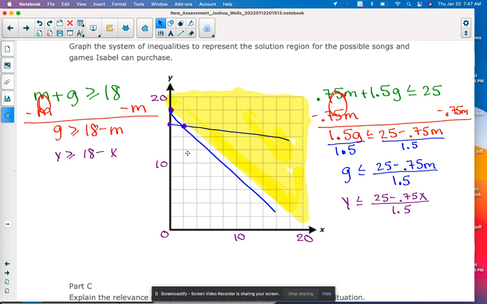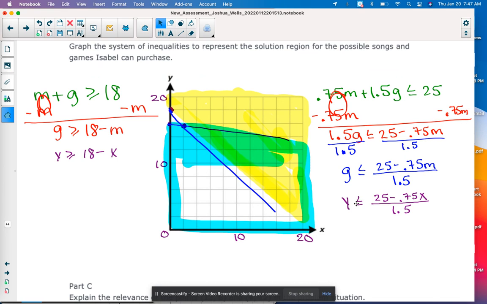And then for this flatter looking line, the other one, it was less than or equal to, so we needed to shade below. So that tells me that this green area is where all of our solutions are at.